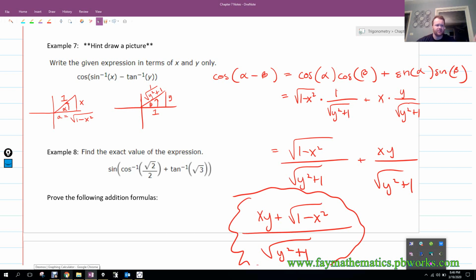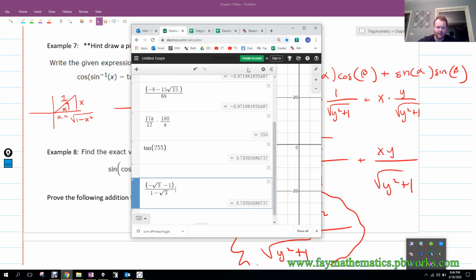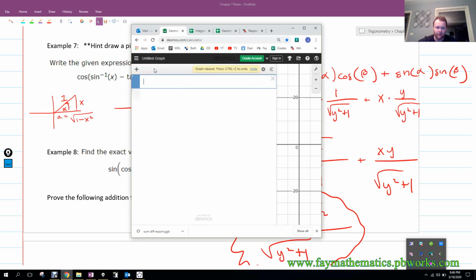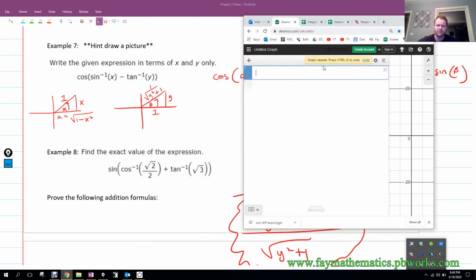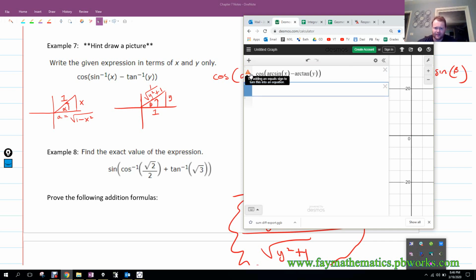Let's see if we can see that these things are the same. I'm just going to graph both of them. I'm going to say cosine of the arcsine of x minus the arctangent of y, and I figured that would be the case.